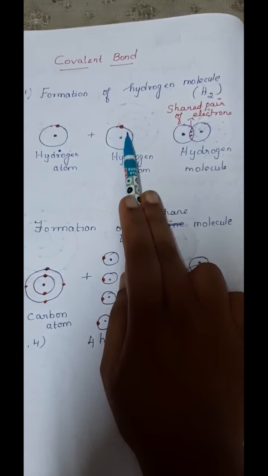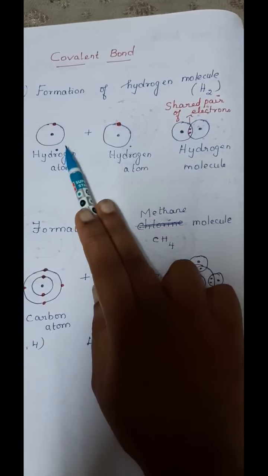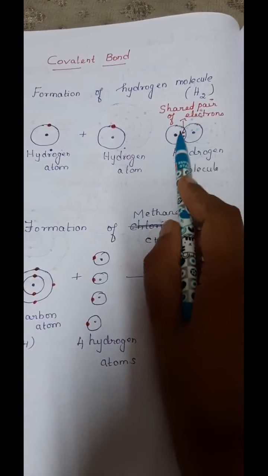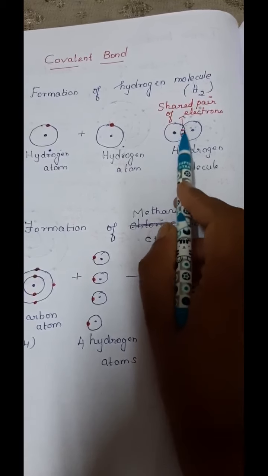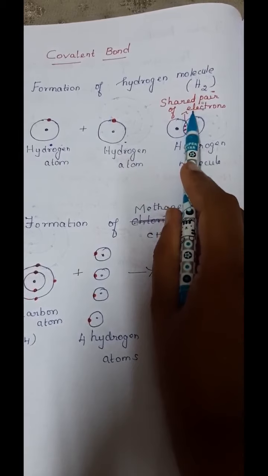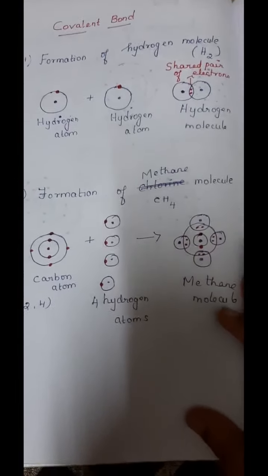Hydrogen has atomic number 1, so another 1 electron. How is it shared? See, it is shared in between. In between the two, the shared pair of electrons is formed at this place. Shared pair of electrons.